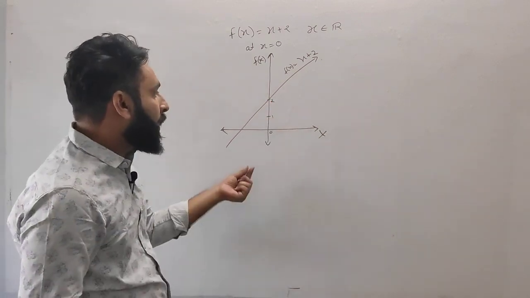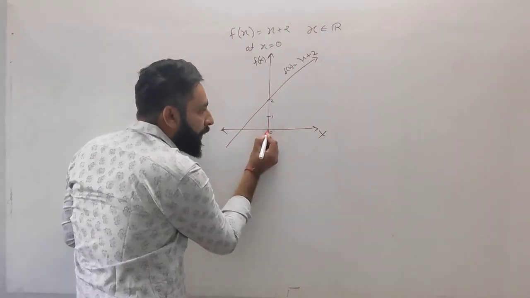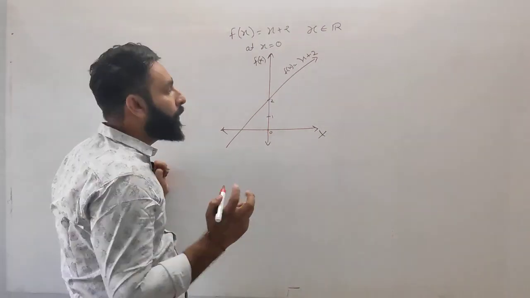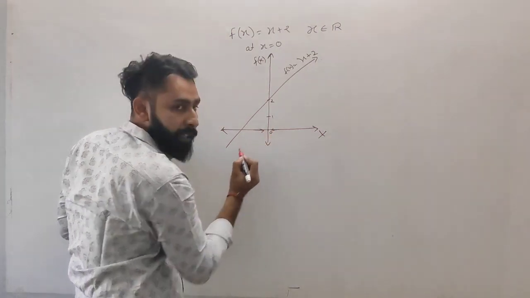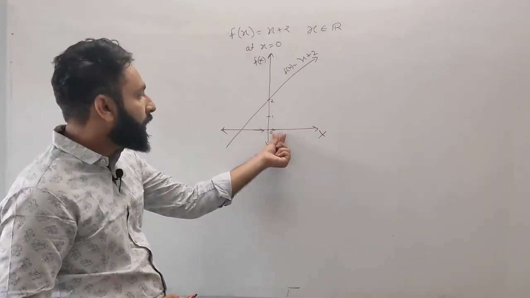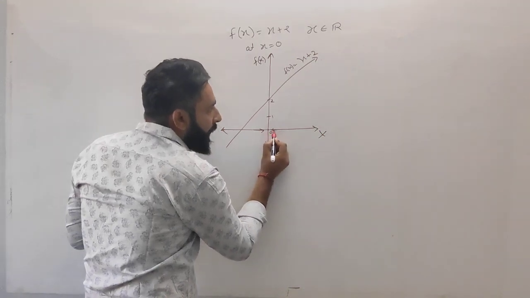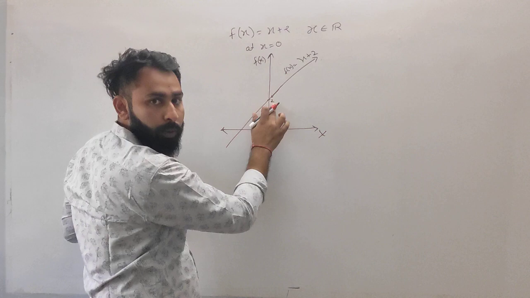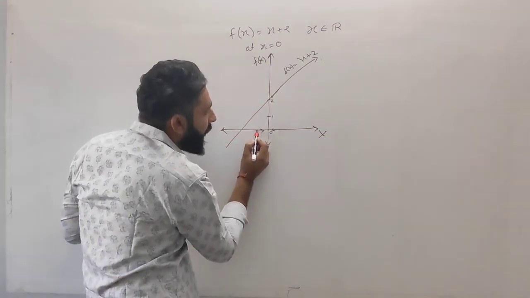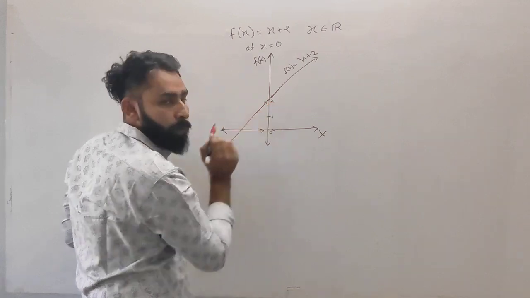We have to check the limit at x is equal to 0 on this point. So we have two ways to check the limit, one from the right side and one from the left side. First we see from the left side: when we move towards 0 from the left side, the function value is approaching the value 2.